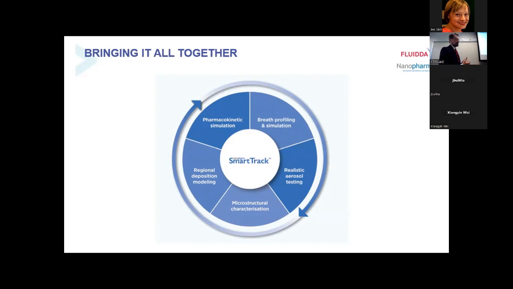I think it was also mentioned in the previous talk that most of them are complementary, but it's also important, and I think Ross mentioned this in his talk, that the output of one stage becomes seamlessly the input of the next stage. And that's why we started to work together with Nanopharm to develop what we think is a smart track approach, where we're attempting to seamlessly let the phases flow into each other.